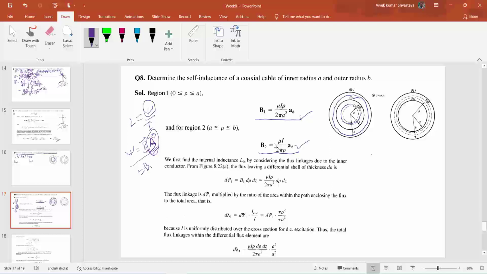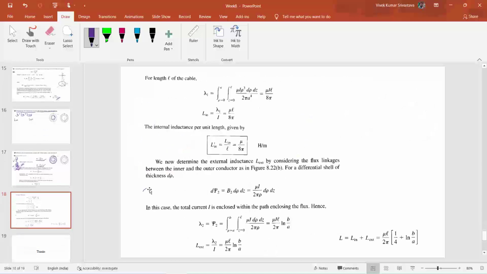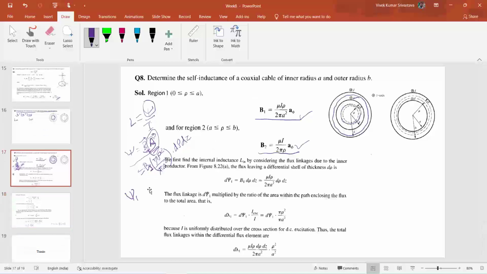For determining dS, we first consider the total area inside this Amperian loop, that is pi rho square over pi a square into d rho dz. So this will cancel out, and the internal flux is defined as B1 rho square by a square into d rho dz. That's how you can calculate the internal flux.